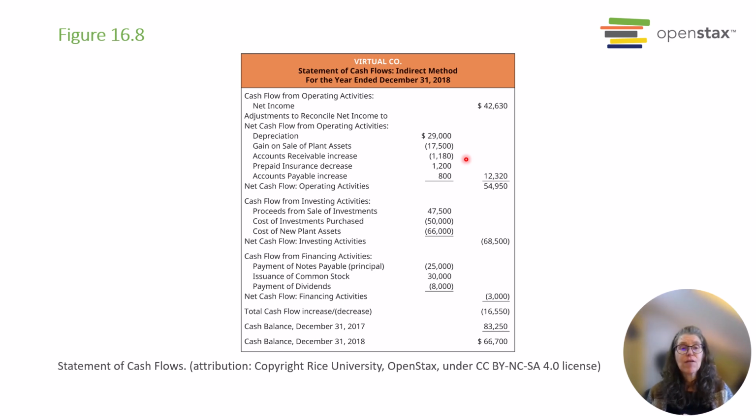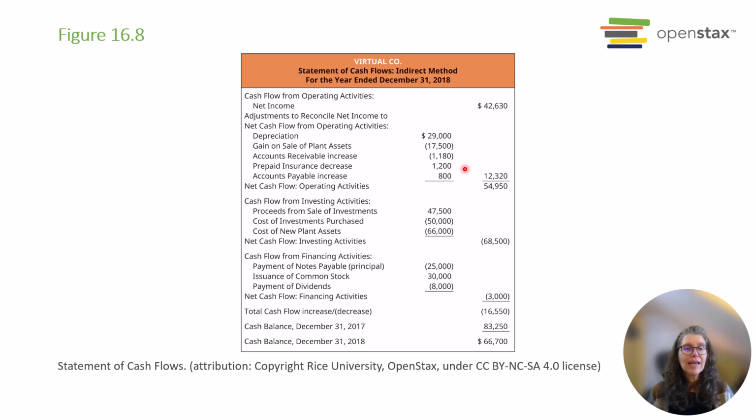So if accounts receivable increased, that means more was purchased on account, and we want to subtract that cash out of our net income. It was not paid in cash. So an accounts receivable increase means minus $1,180 on the cash flow.